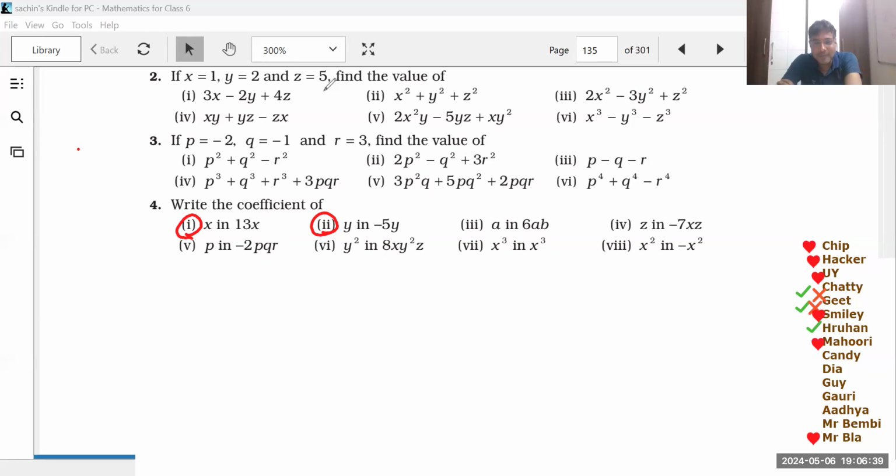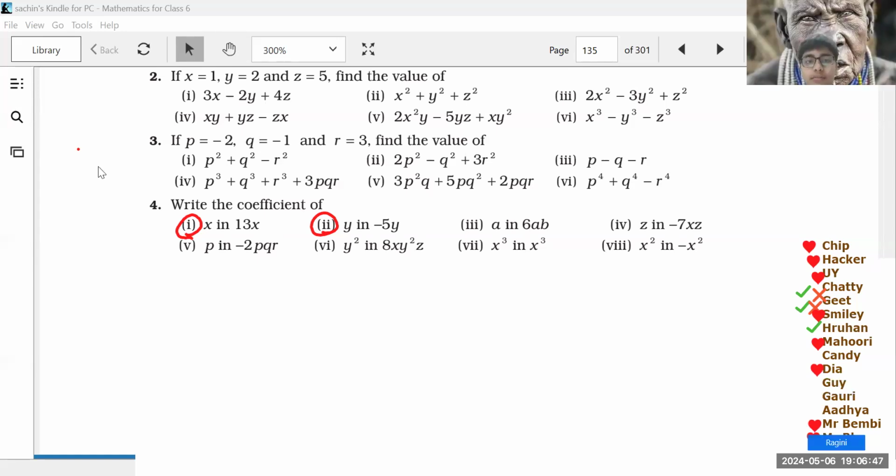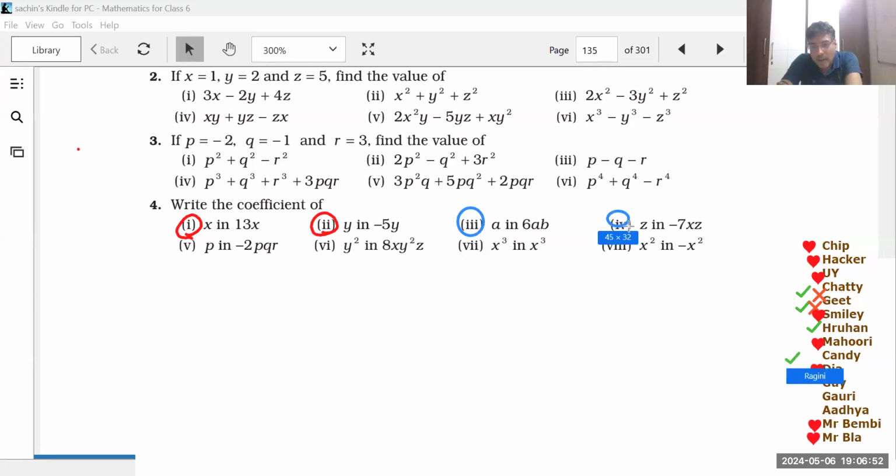No, sir, because it's not real. Are you a 4-year kid, beta? Sir, I'm a kid only. So those who have given the answer, do the third and fourth. They have already given the answer for third and fourth.